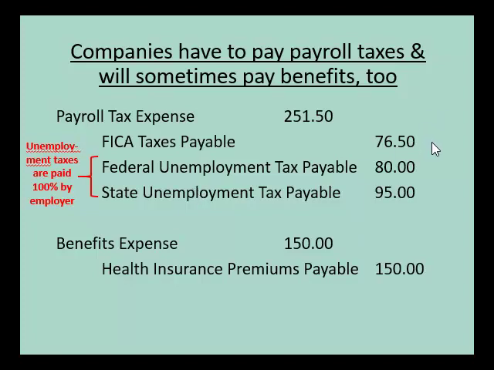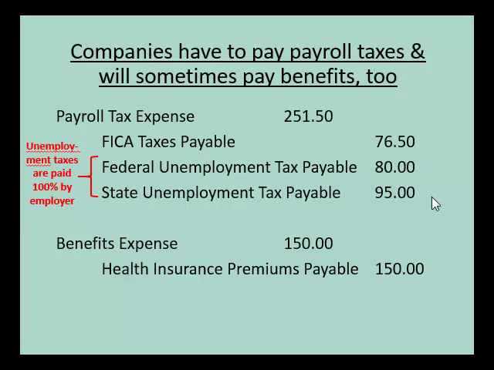So the company has to pay 7.65% FICA tax, just like the employee has to pay 7.65% FICA tax. So both employee and employer are paying the same amount in FICA taxes. And the employer also has to pay unemployment taxes.